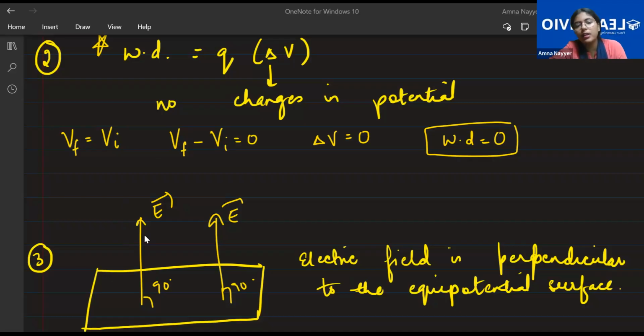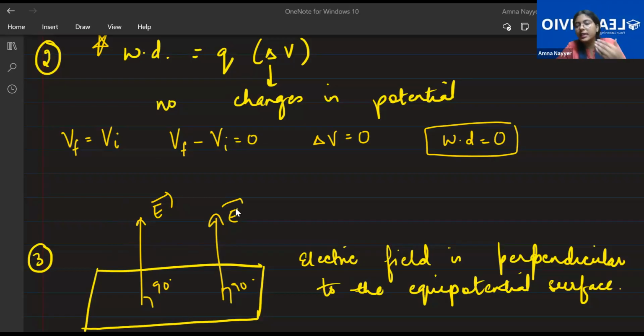When you have a plane surface which is equipotential, meaning the potential is the same at all points, the electric field becomes perpendicular to it. That's why these lines have been made perpendicular, because they represent the electric field lines.